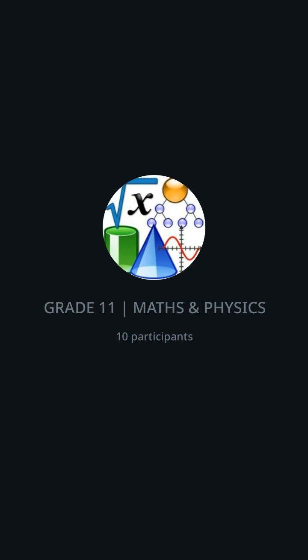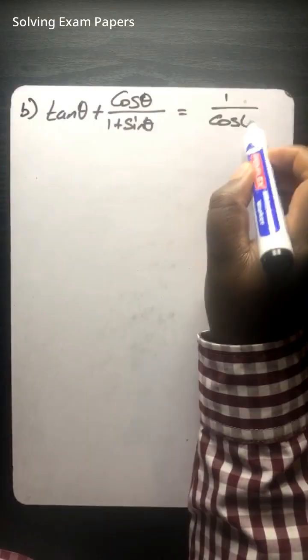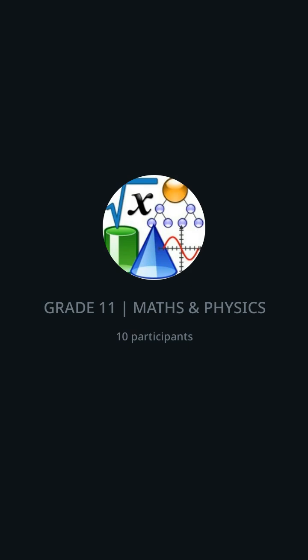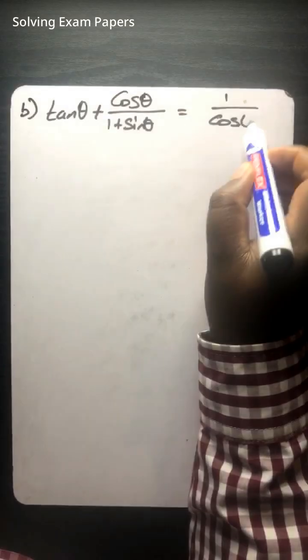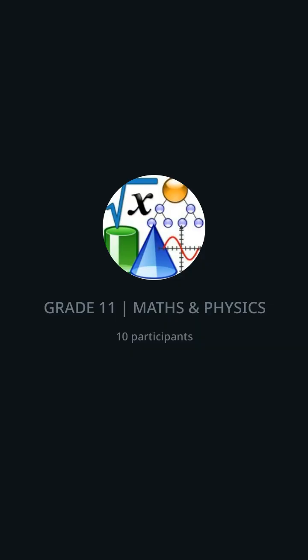So I'm going to try to simplify the left side to make it the same as that. But most importantly, fractionalize each term. Why do you have to fractionalize each term? It's so that we can now apply our sign.